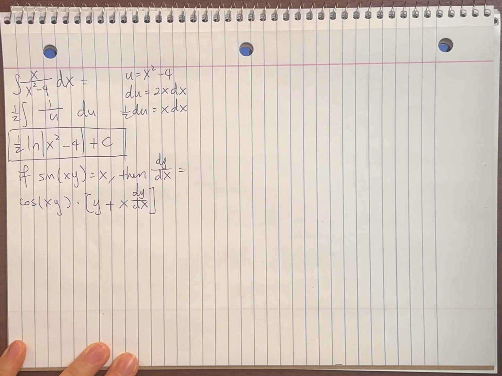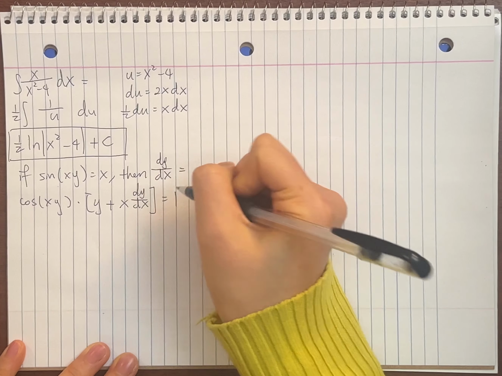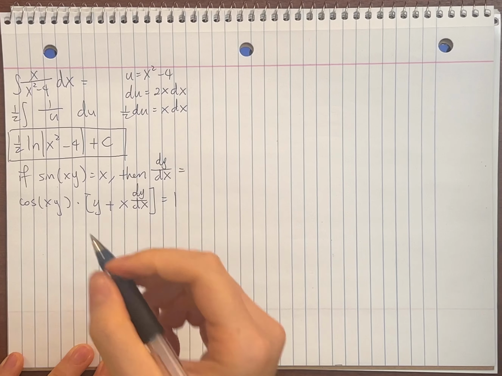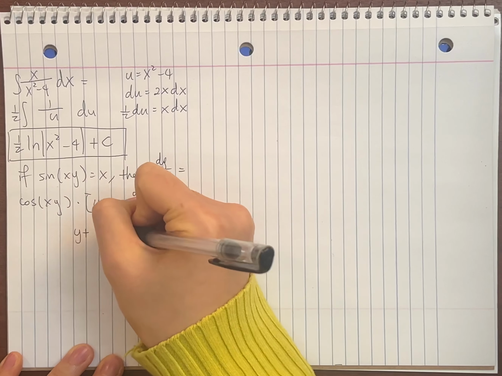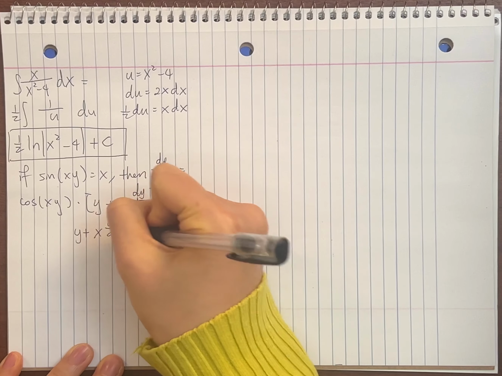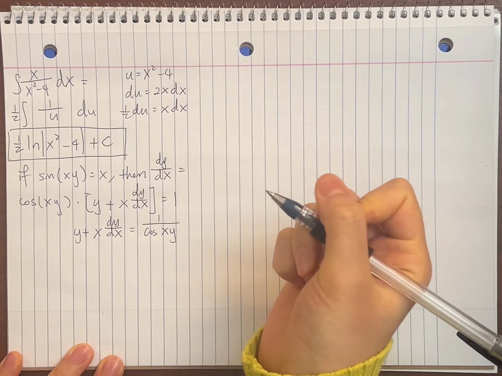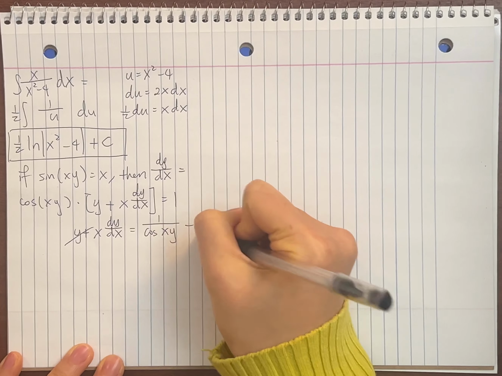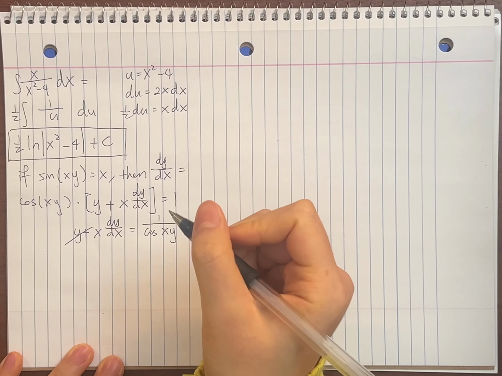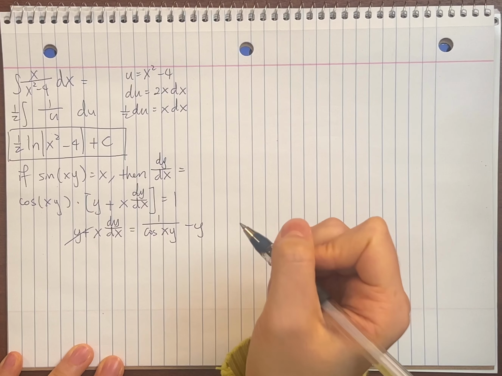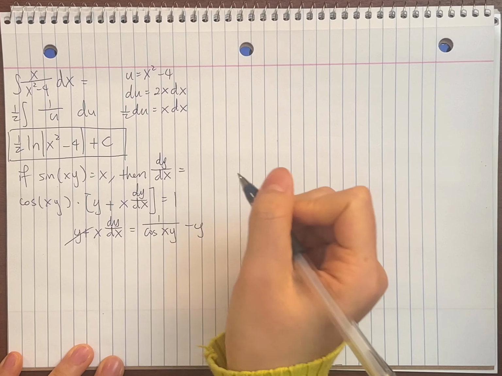And if you take the derivative of x, it would just be 1. So divide both sides by cosine xy. It will become this. Okay, and move this y to the other side. And solving for dy dx, divide both sides by x.